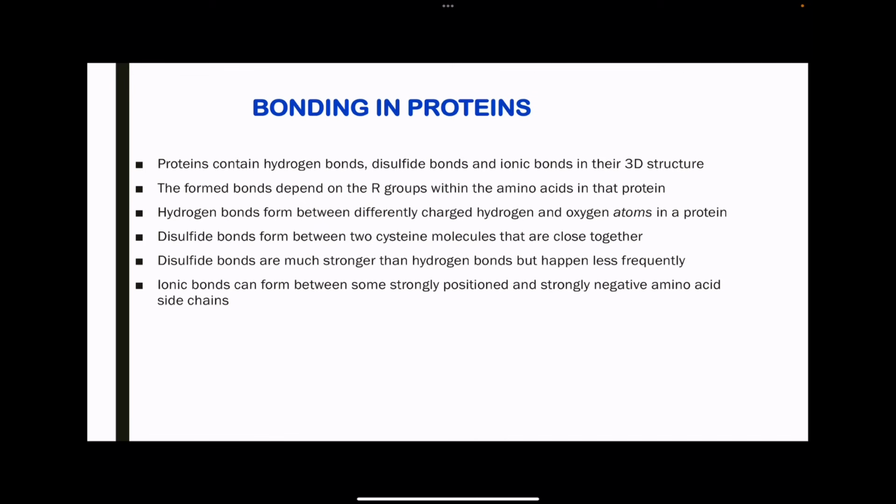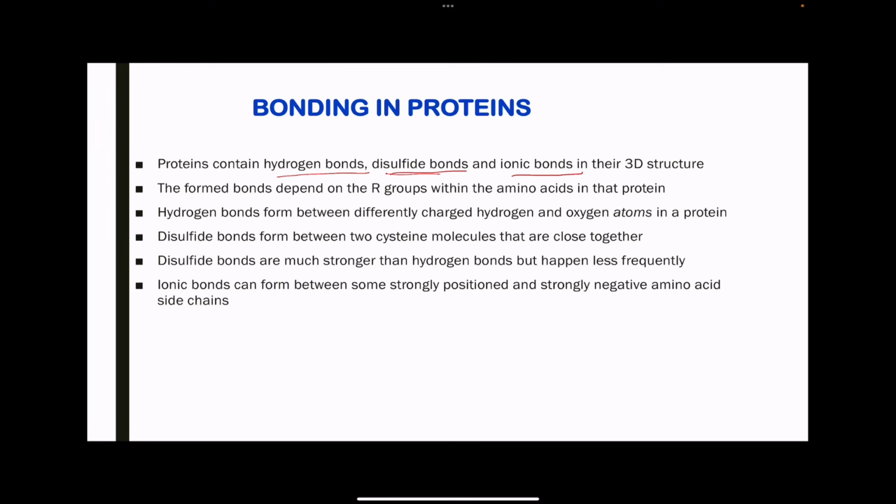So here I'm going to introduce the bonding in proteins. I'm going to be talking about ionic bonding, covalent bonding, as well as hydrogen bonding. Remember that proteins contain hydrogen bonds, disulfide bonds, and ionic bonds in their 3D structure. These formed bonds depend on the R group within the amino acid that the protein contains. It means if there is no sulfur, then there is no reason for forming the disulfide bond.